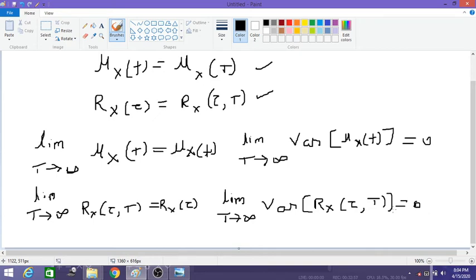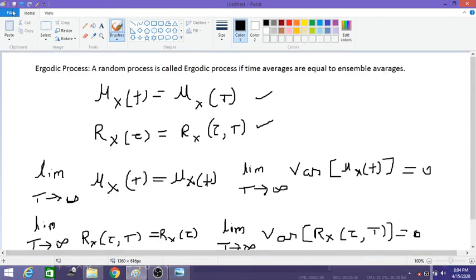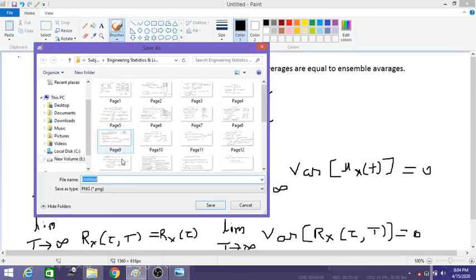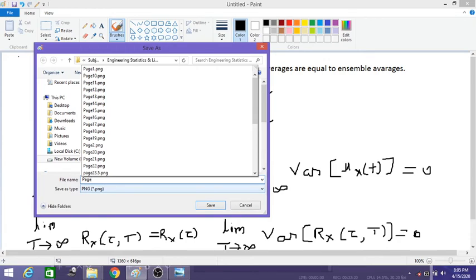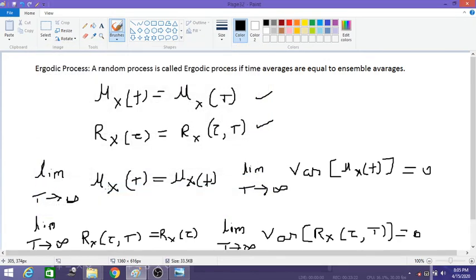Now let me take an example of this ergodic process here, and then we will try to show this is equal to 0. So let me save this page, and okay, it is not saved, so it is page 32.